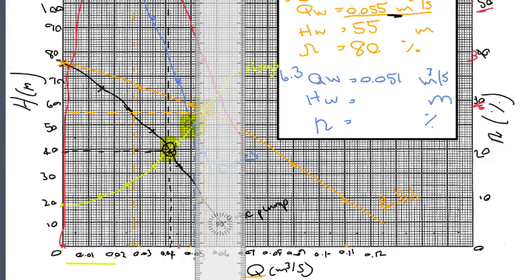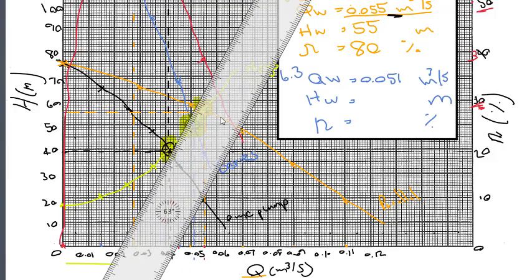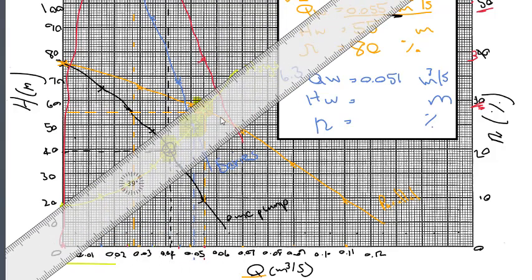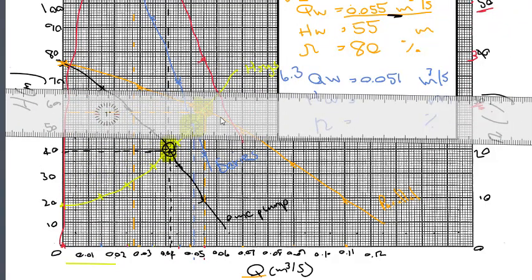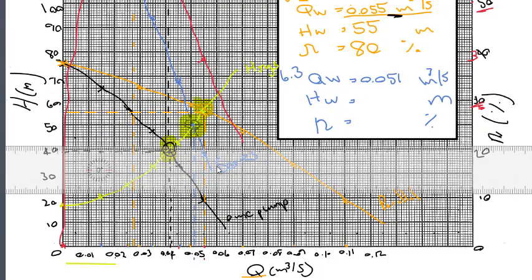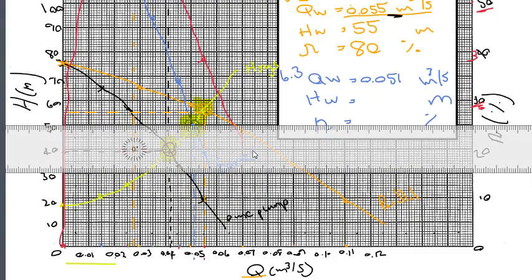And what is our head value going to be? So let's simply rotate our ruler to 0 degrees. Then we can simply read off what our head value is.